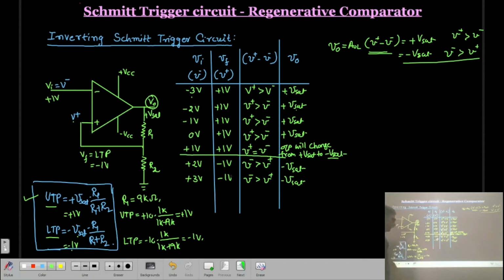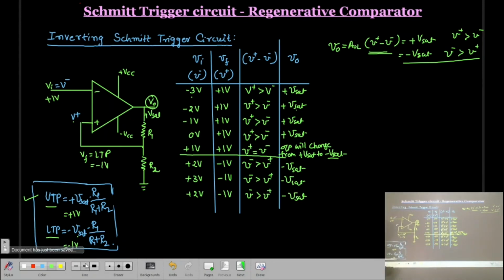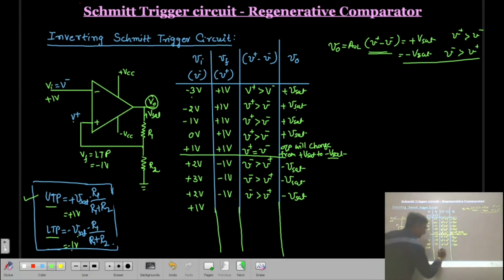Now when we decrease the voltage to plus 2 volt, the feedback voltage is minus 1, V minus is greater than V plus, we have minus V saturation. Now when this voltage is reduced to plus 1 volt, the same situation will be there. The V minus is greater than V plus, because this is minus 1 volt and this is minus V saturation.